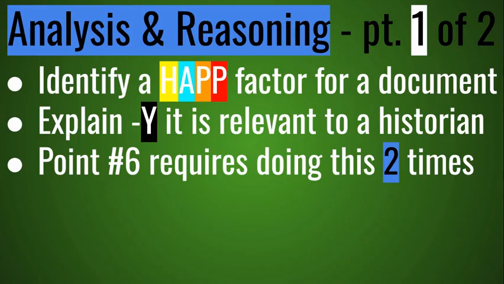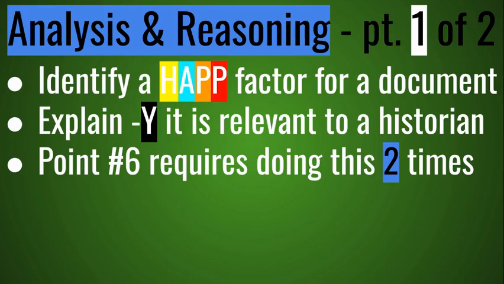Finally, the fourth point that we're looking for in these body paragraphs has to do with the analysis and reasoning category. For a couple of documents along the way, you want to identify one of those HAPP factors: historical situation, audience, purpose, or point of view. And then again, not just identify it.